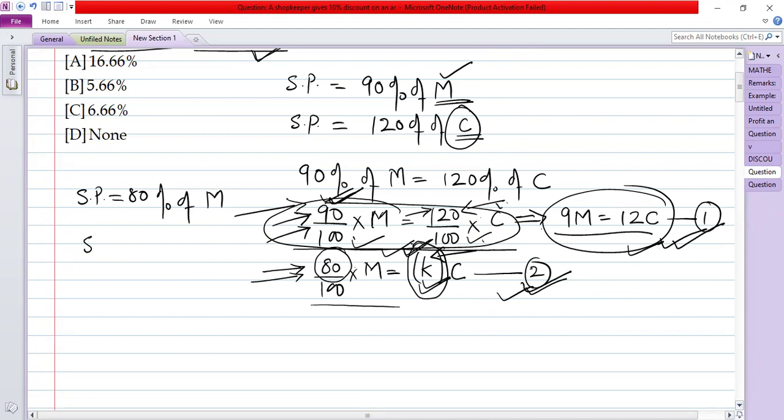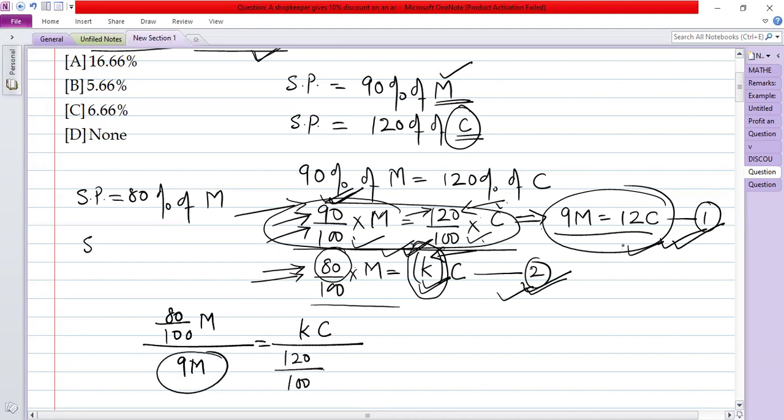So obviously one can very well see this 80 by 100 M divided by this 90 M will be equal to K into C, and on this side it will be 120 by 100. Here it is 90 M, I have written 9M.